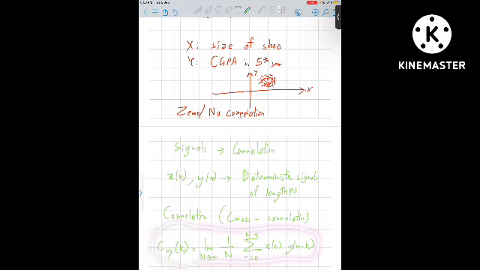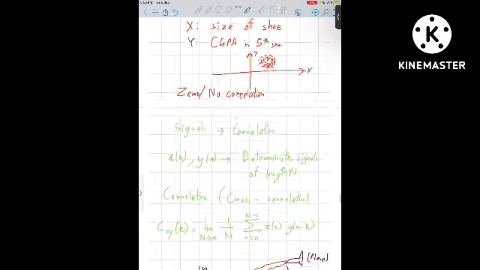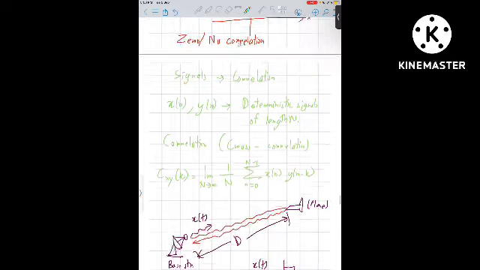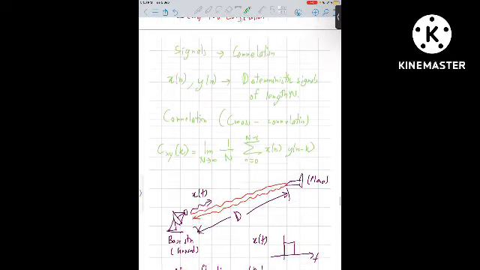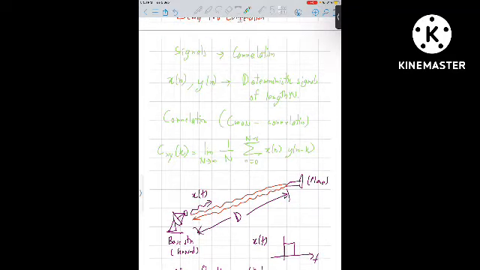You are trying to look for an enemy missile or an enemy plane. You will send some pulse signal x(t), something like this. This kind of system is duplex, so you're receiving and sending simultaneously.